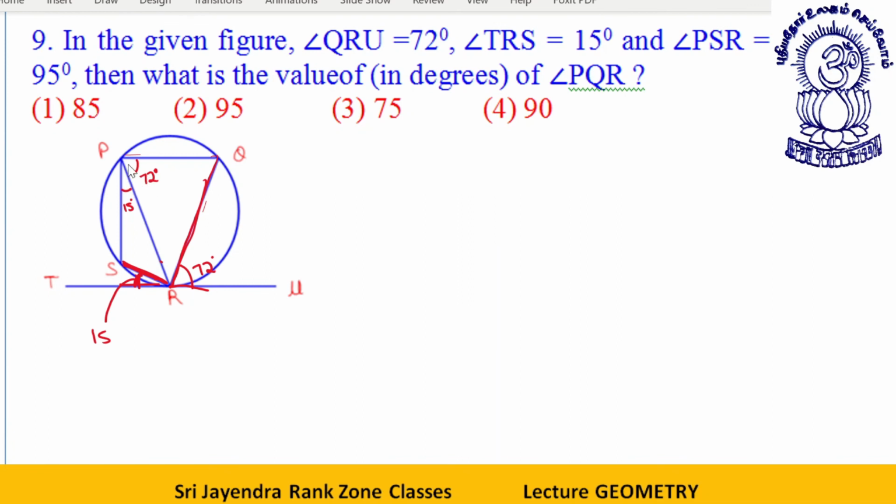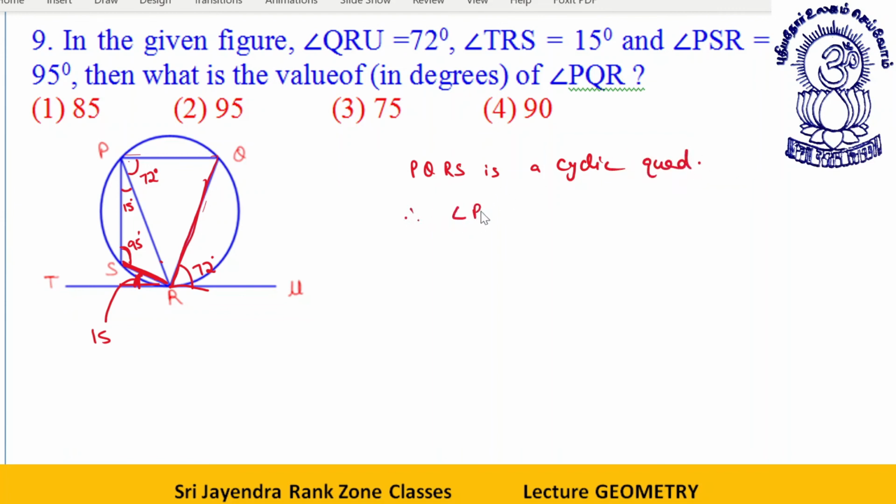Angle PSR is 95 degrees. What is the value of angle PQR? Very easy. Genuinely very easy. All this was not at all needed. Why? See why this was not needed, dear students. PQRS is a cyclic quadrilateral.